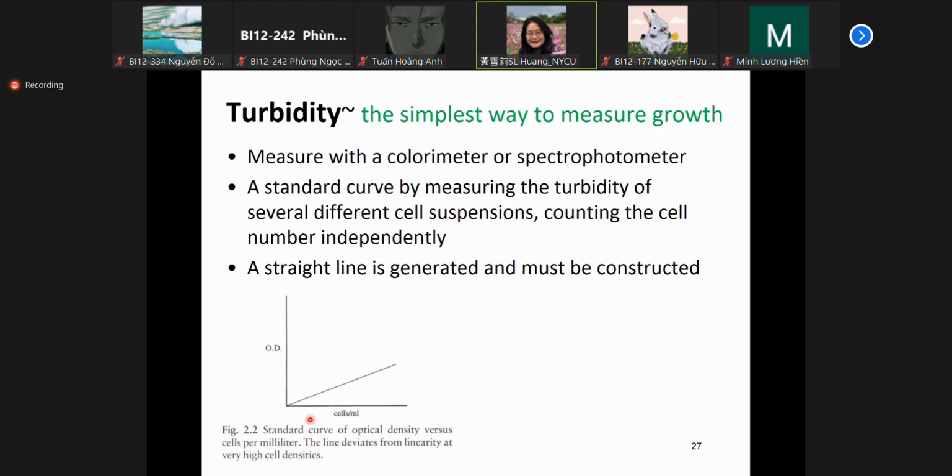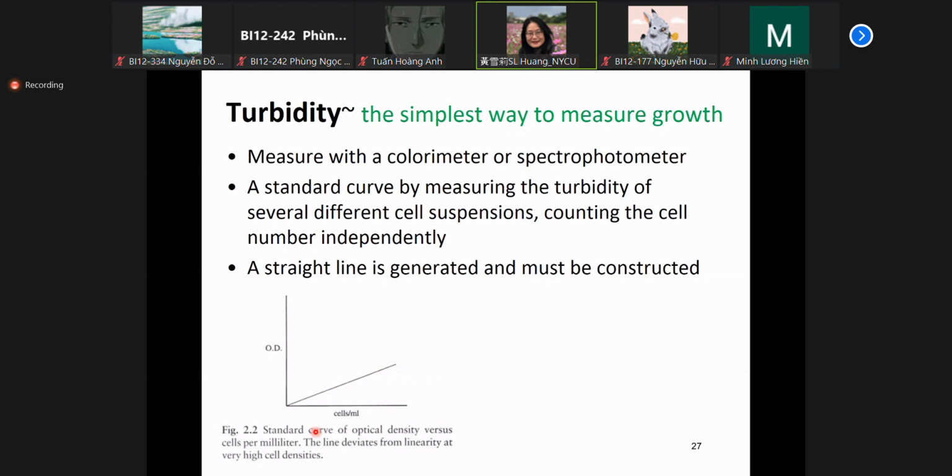Here is the standard curve with the optical density, OD, versus cell number per milliliter. The line derives from the linear range from different cell numbers. Therefore, you get a linear correlation between the cell numbers and the OD. Then you can use this as a standard curve for your particular cells.